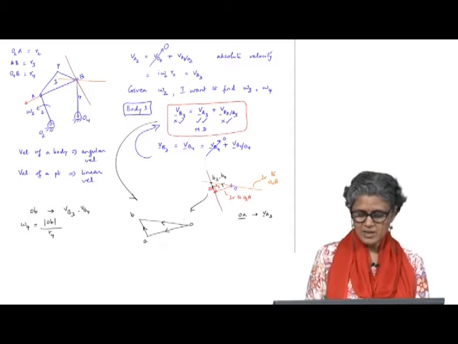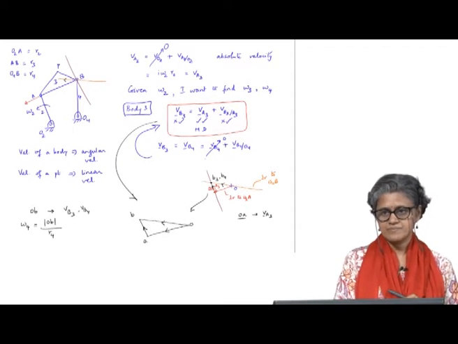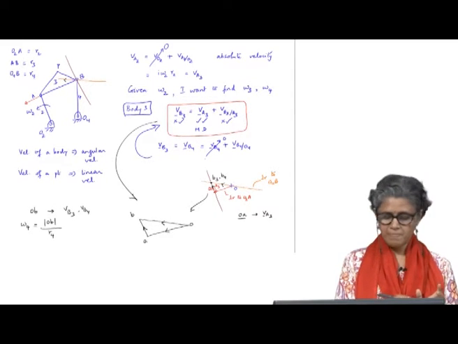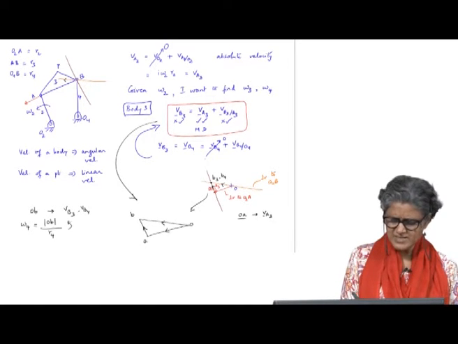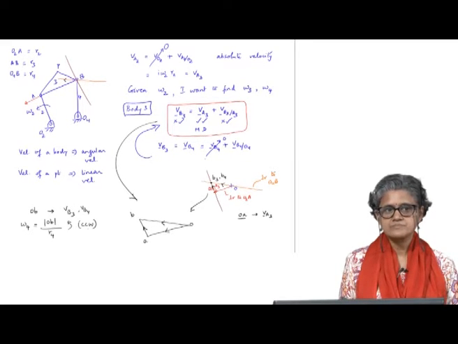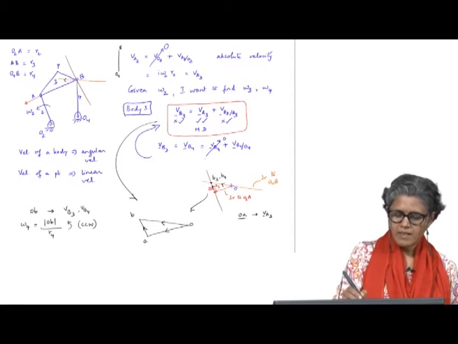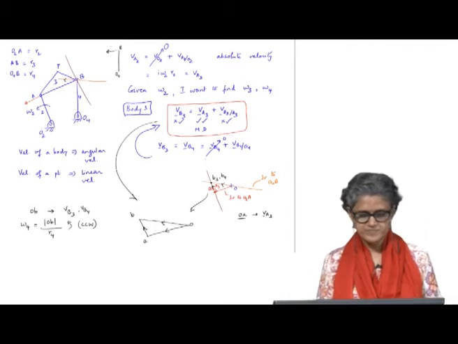Look here. From this vector equation I found that the direction is like this, which means what will be the direction of omega? Omega is counterclockwise. It is like this. So, it is counterclockwise. Okay. Because O4B has been rotated in this direction to give counterclockwise to give you this vector.